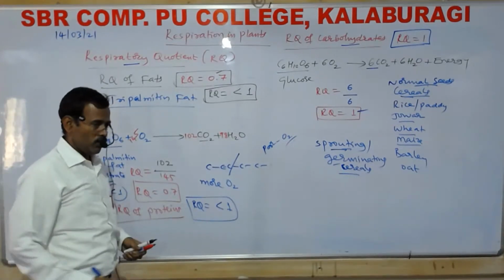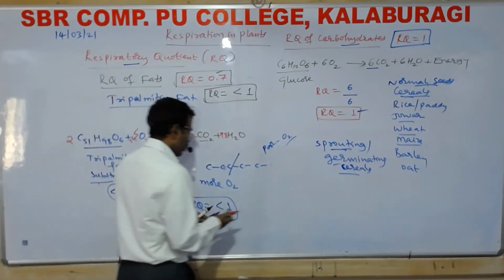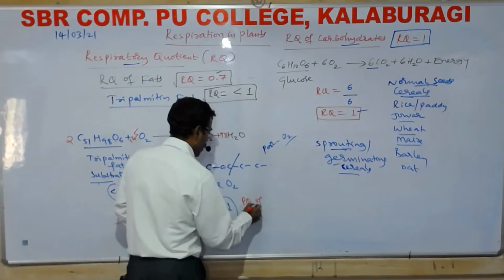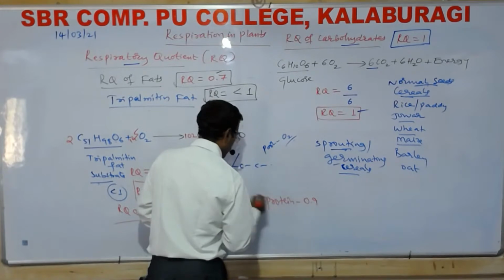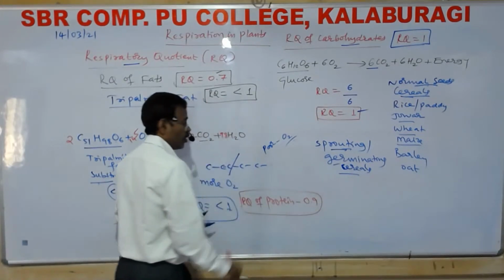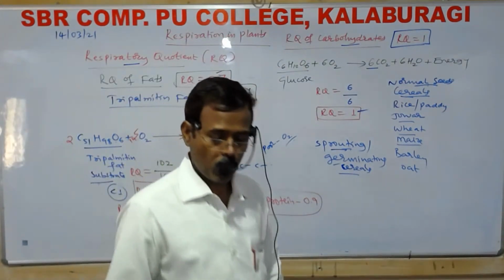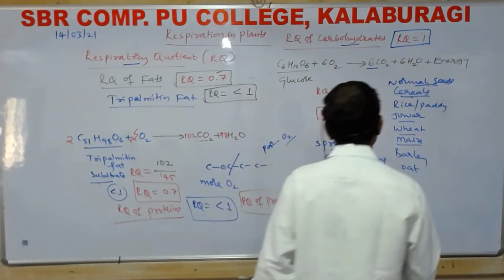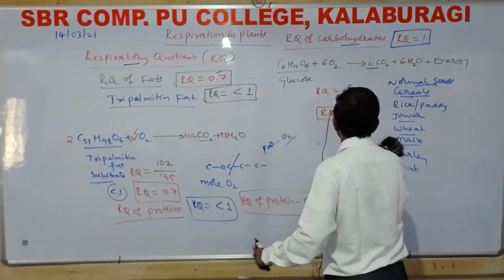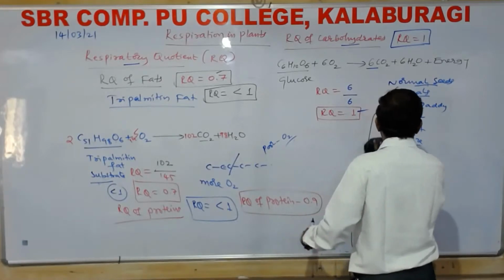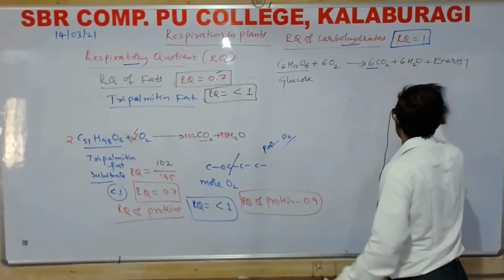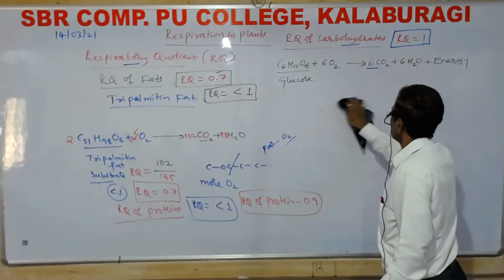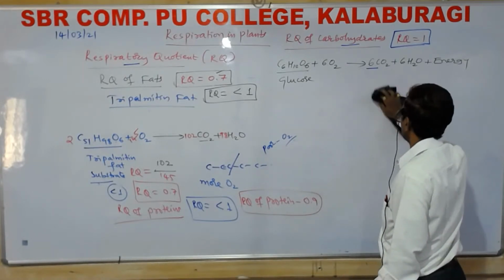That's why the RQ value of protein is less than 1. So the RQ of protein is 0.9. Remember, 0.9, less than 1. So whenever the substrate is poor in oxygen, then it needs more oxygen for its breakdown. That's why the RQ value will be less than 1. Remember that.